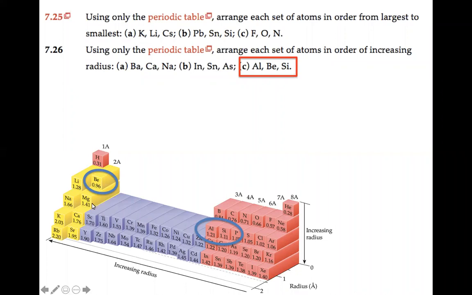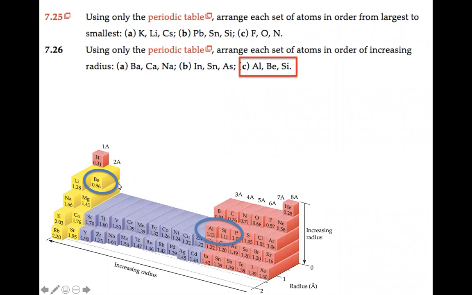We saw that we had a contraction as we move left to right, and then it gets larger with a larger principal quantum number, and then a contraction once again. So what we find within here is the smallest would be beryllium. It gets progressively smaller and smaller. It jumps up larger, and then we see a contraction once again.